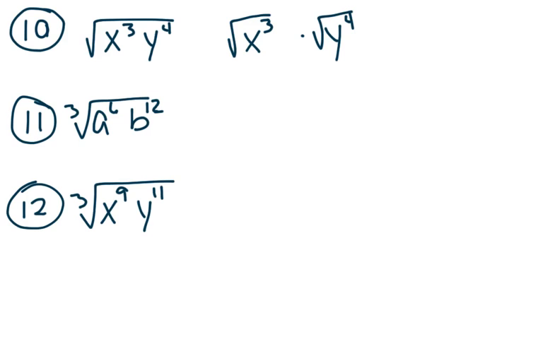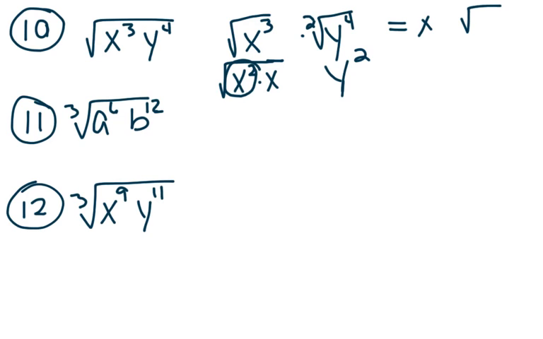Well, y to the 4th is easy. We know that 4 divided by 2 gives us a y squared. But the x cubed is just like what we did before. We know that we have an x squared and then another x to make x cubed, right? So there is a single x squared, but there's still an x underneath there.